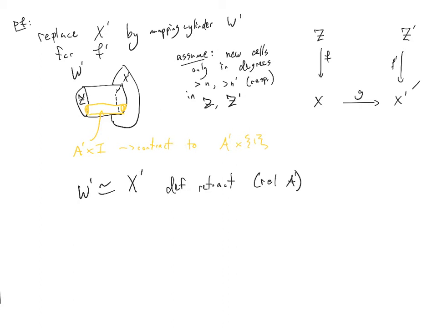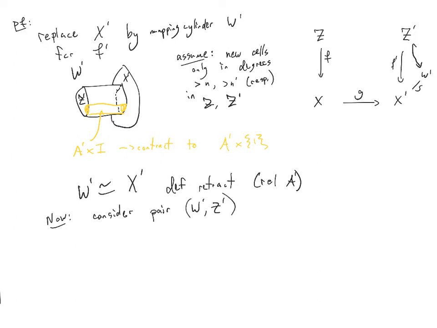So what we've done is we've replaced x prime by w prime, and z prime now includes in w prime as a pair, so we can consider the pair w prime comma z prime.